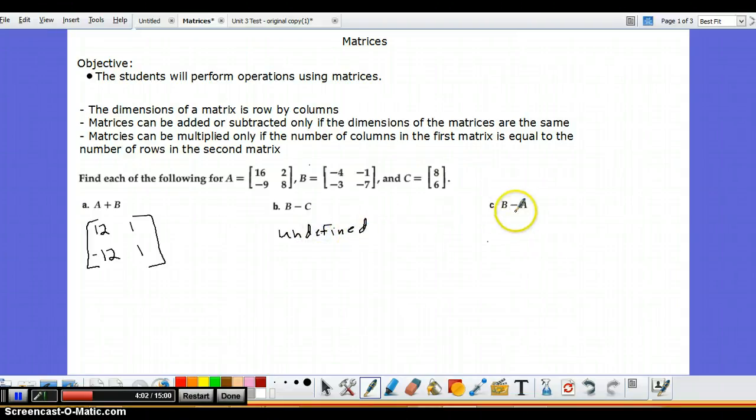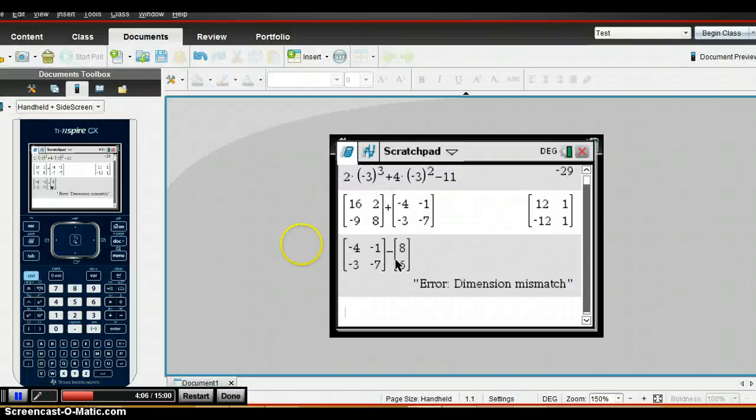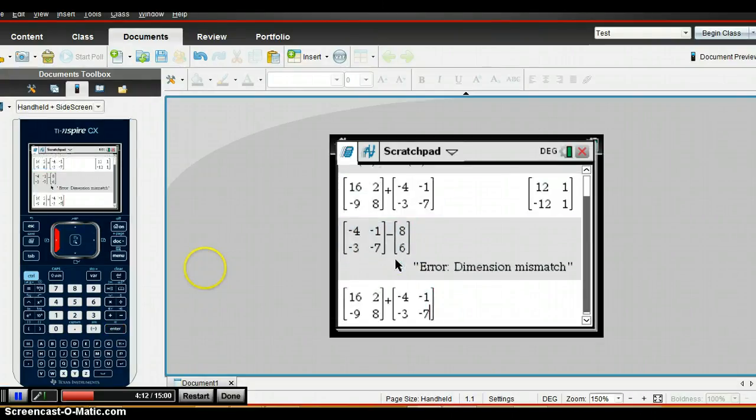But B minus A we can. So we're going to take this minus that. So my suggestion would be to copy this down, or you can just get practice with it. And what we have here is we're switching them. So this is -4, -1, -3, -7.